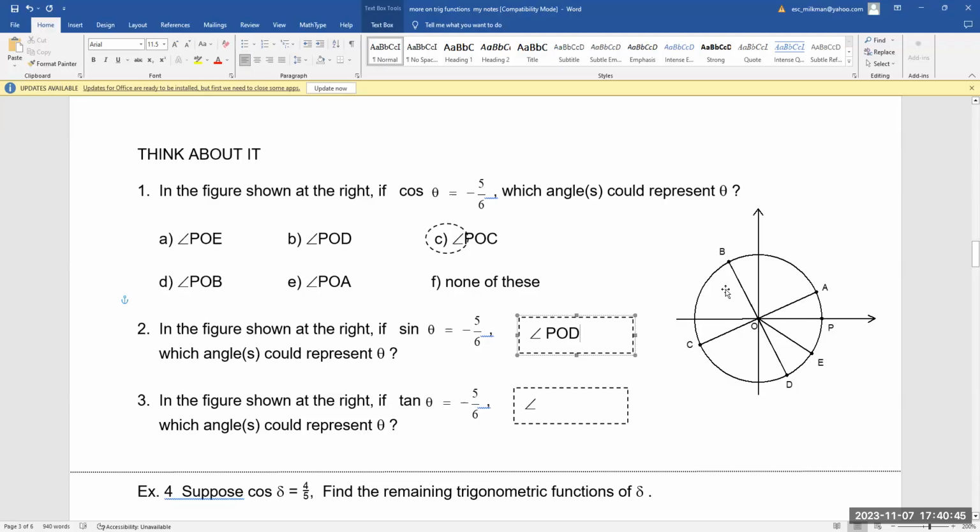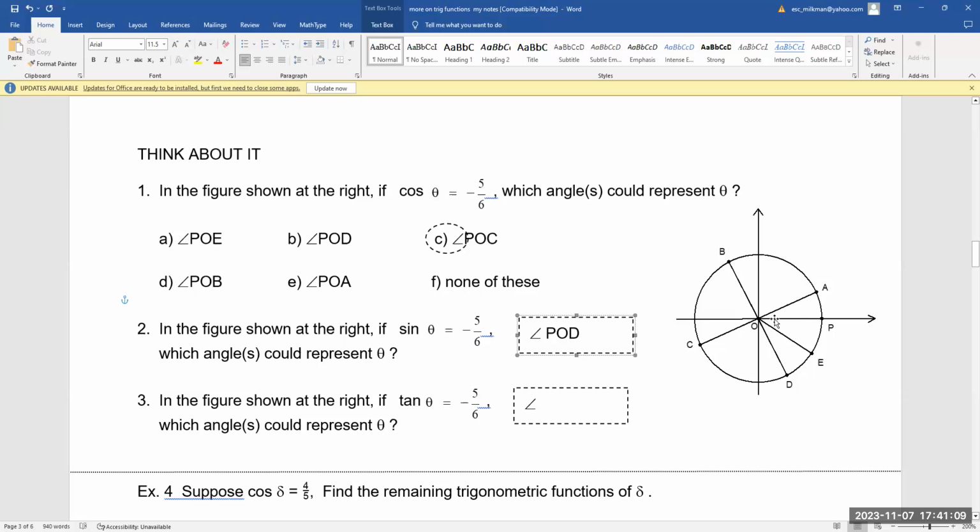So tangent is the y value over the x value. Looking at this, do you believe this y value is 5 and this x value is 6? Well, to me, it appears that this x value is much smaller than that y value. So I'm going to throw out POB.